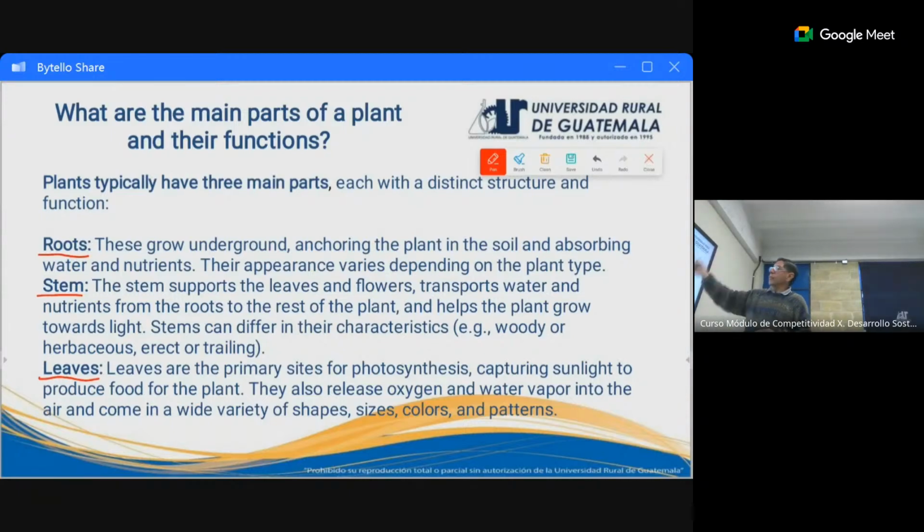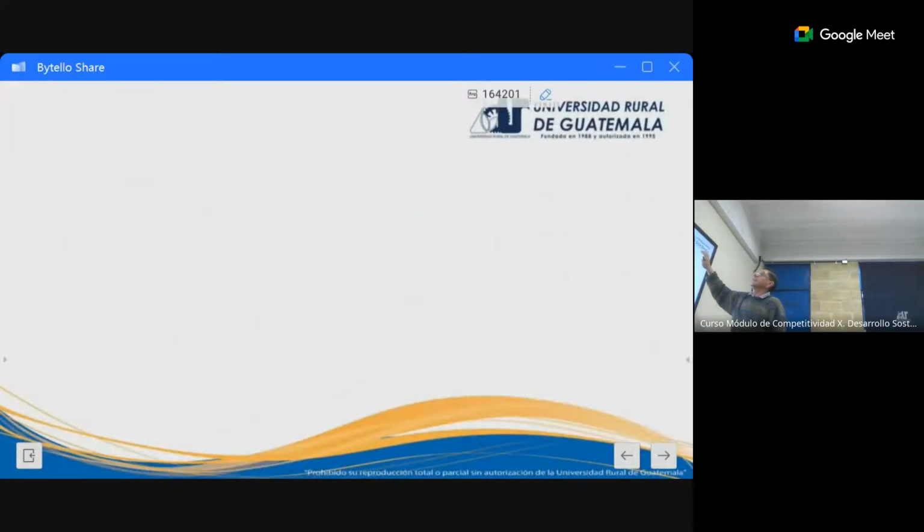We're going to check on the next slide some images with this information, so don't worry for now. And leaves are the primary sites for photosynthesis, capturing sunlight to produce food for plants. They also release oxygen and water vapor into the air and come in a wide variety of shapes, sizes, colors, and patterns. Let's check some images in order to clarify this information.